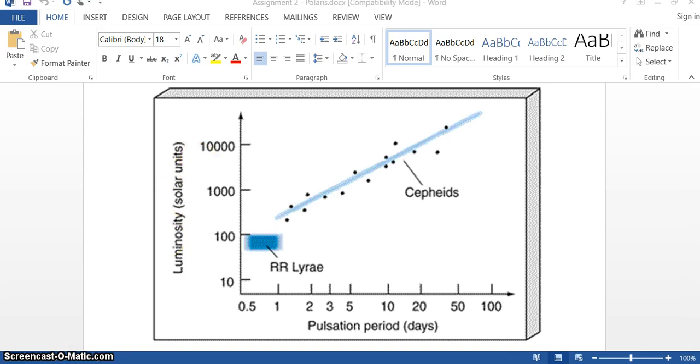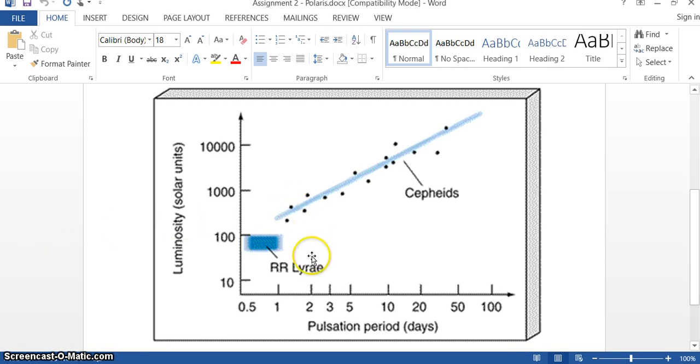All right, so hold on, let me make sure this is recording. Okay, yeah, it is. So 34 days, we look at the horizontal axis, and you have to draw a straight line up to the curve, the relationship. So we go straight up.